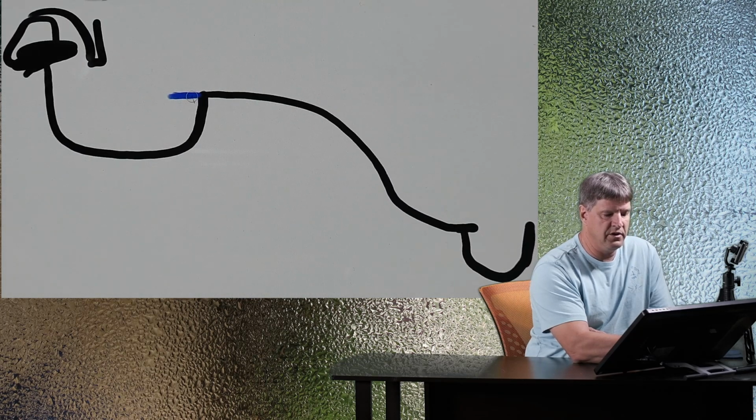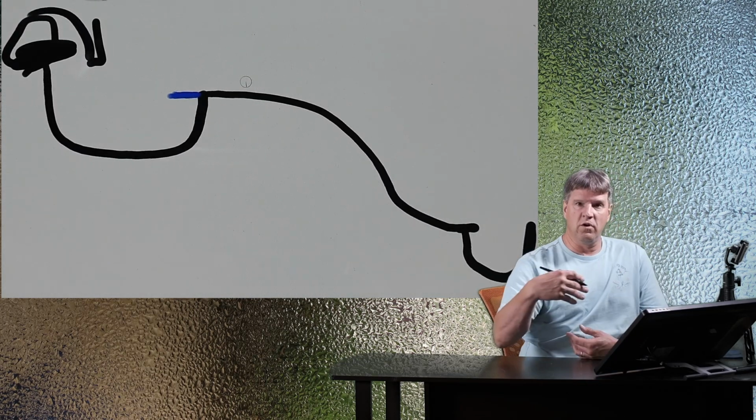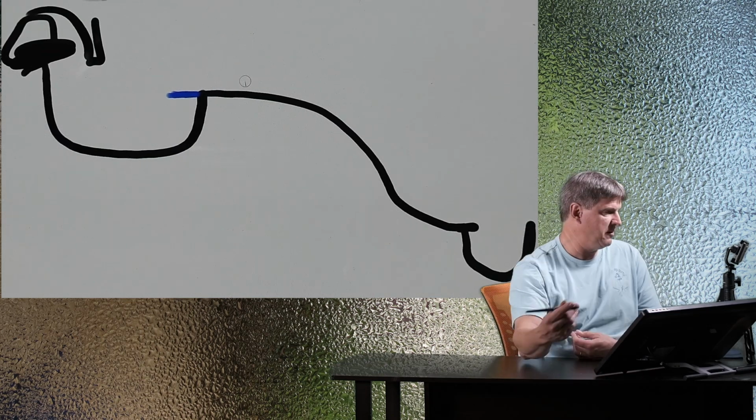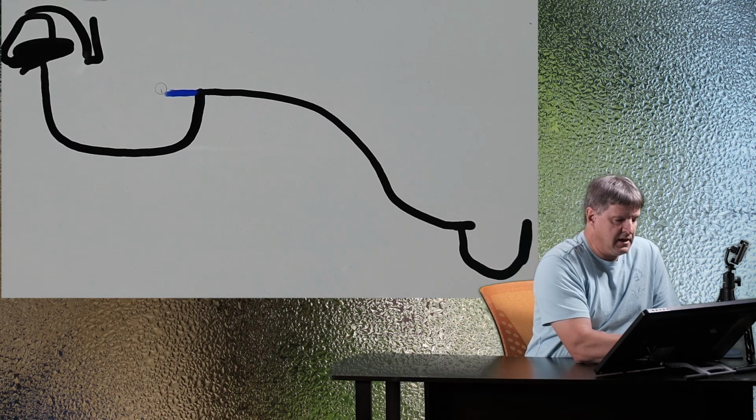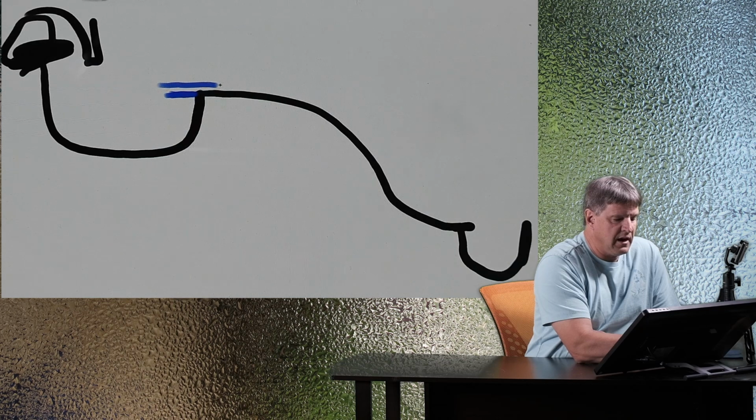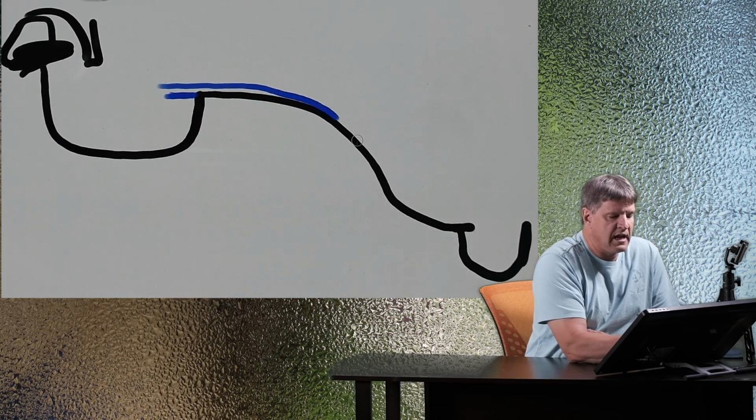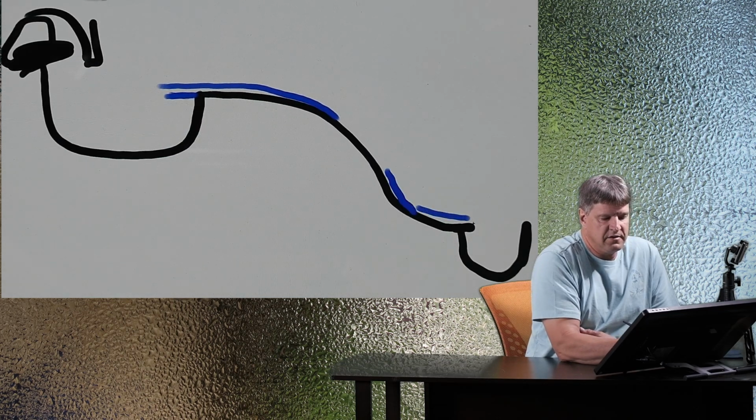Okay, here's the level of the stream. In order for our water to flow down that stream, it has to come above, so that it then flows down to the bottom.